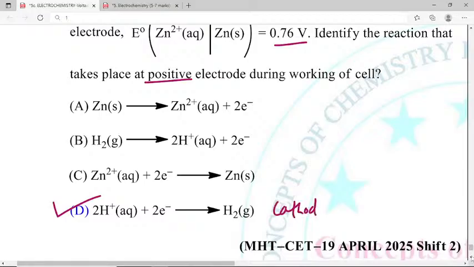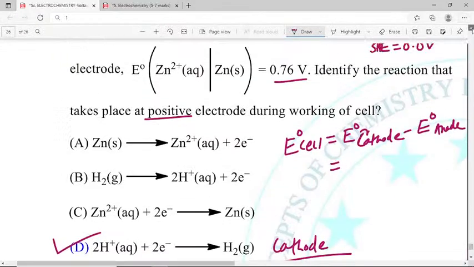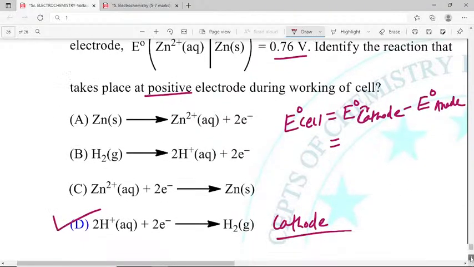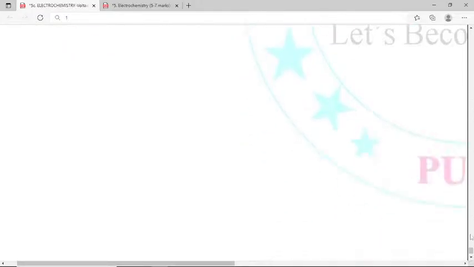Positive means cathode. To solve: E0 cell is equal to E0 cathode minus E0 anode. So the value should be positive, zinc and the SHE. This is the SHE electrode, the standard hydrogen electrode.